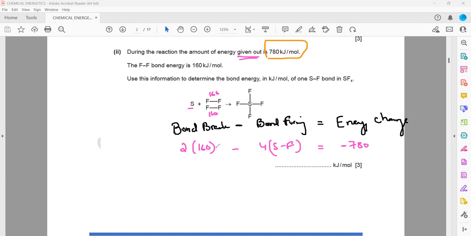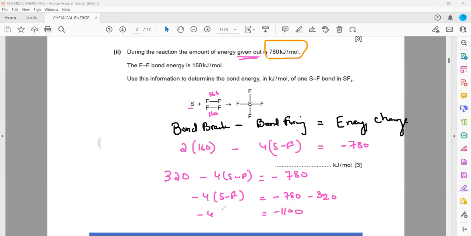Now we simplify this. 2 multiplied by 160 is 320, minus 4 times SF equals minus 780. This 320 is positive, so when it moves to the other side it becomes negative. So minus 4 SF equals minus 780 minus 320, which equals minus 1100.